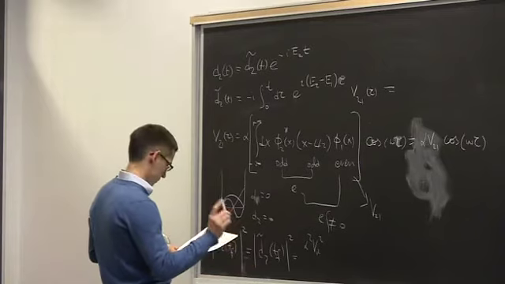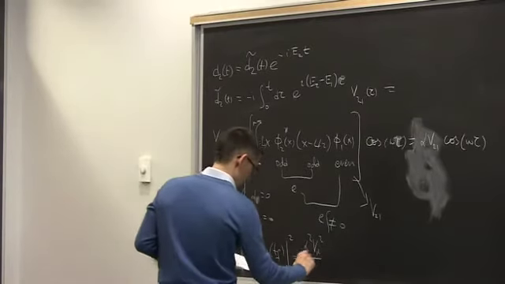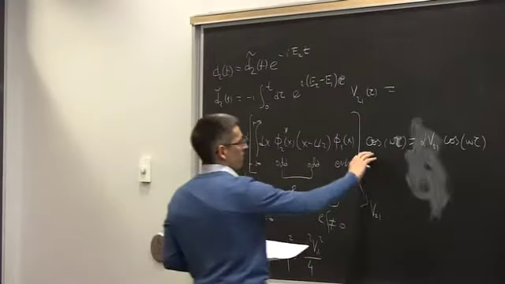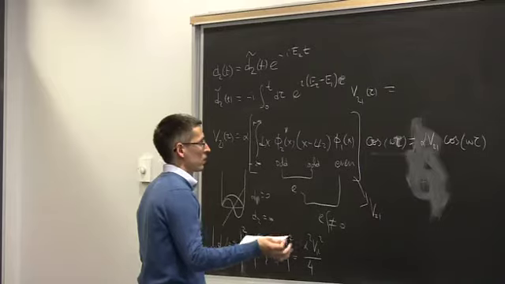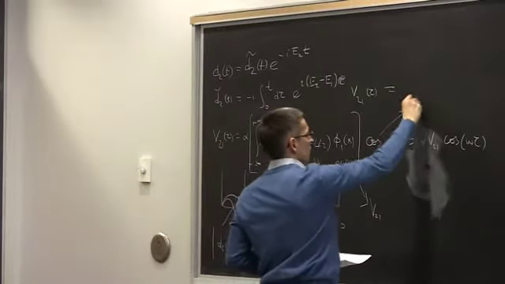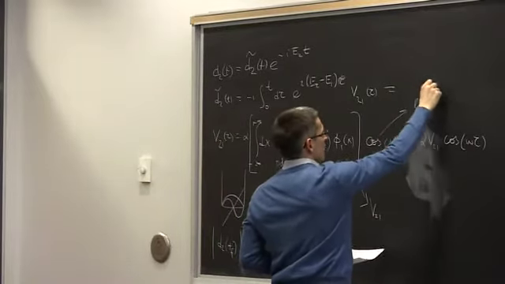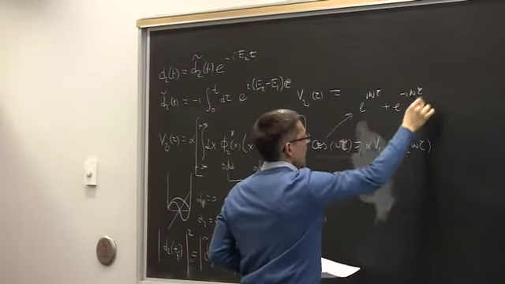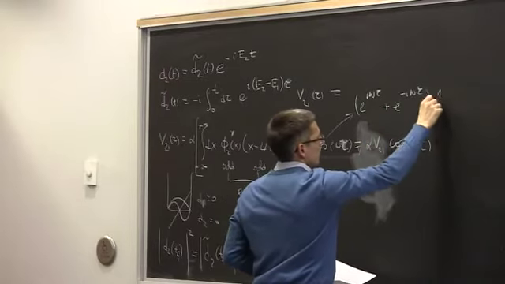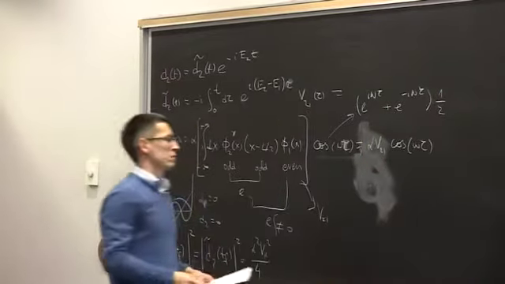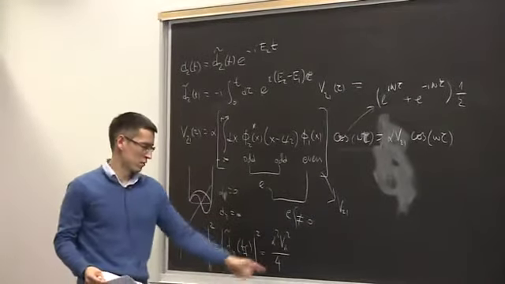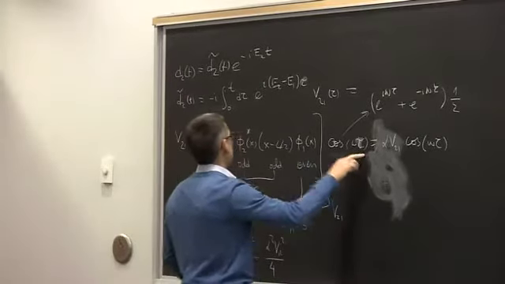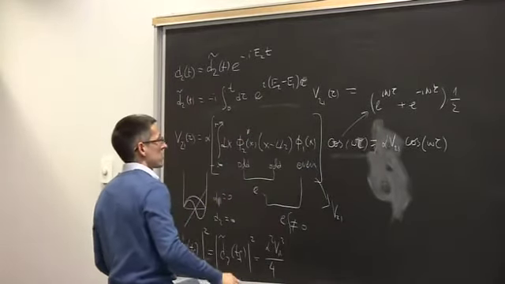And all right, so then there will be a 4 from disassembling the cosine into 2 exponents. Right, so 1/2 will appear, and once we square it, it's going to be 1/4. Disassembling this cosine is convenient to do the tau integration.